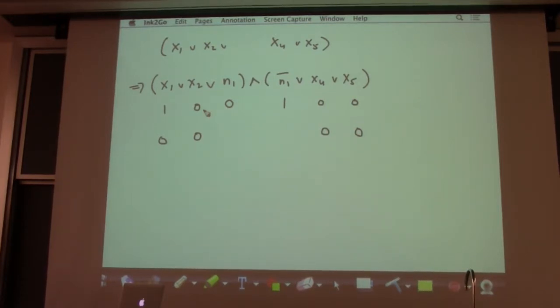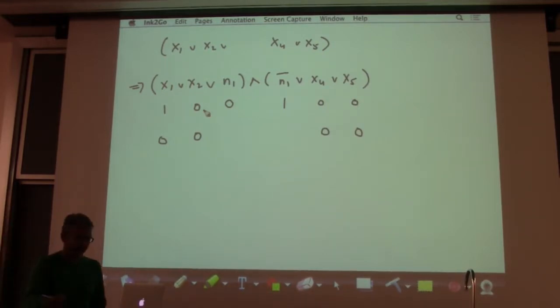Okay? Okay, that's good for 4. What happens if you have an arbitrary number of things? Suppose my actual clause was x1 up to xk.